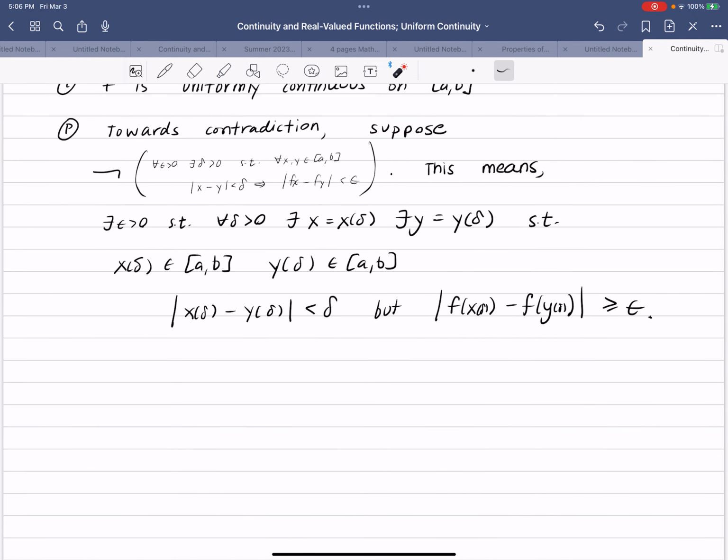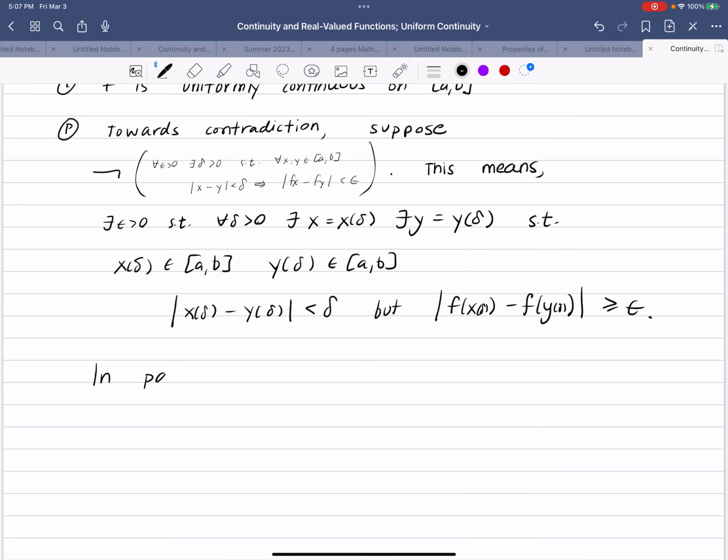So what I'm going to do is I'm going to let delta equal 1 over n. This will now give me a sequence of points. So I'll have xn and yn existing for each delta equal 1 over n, okay?